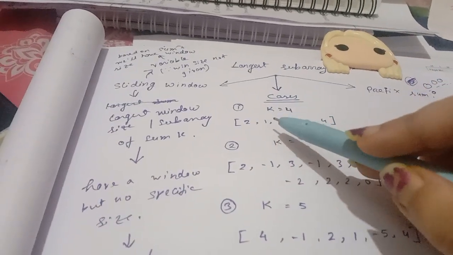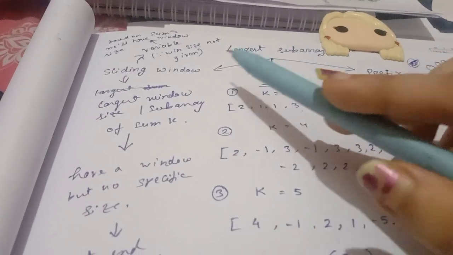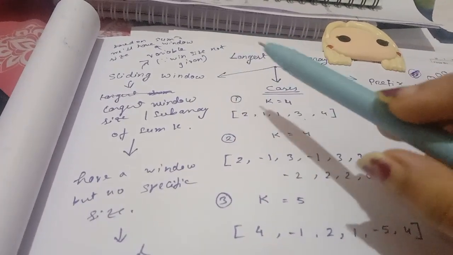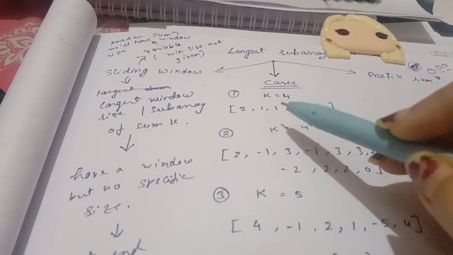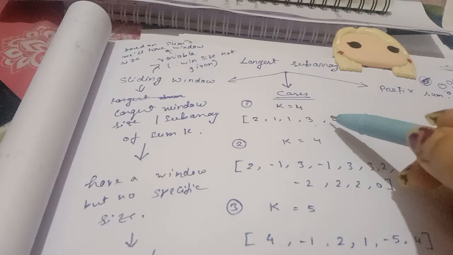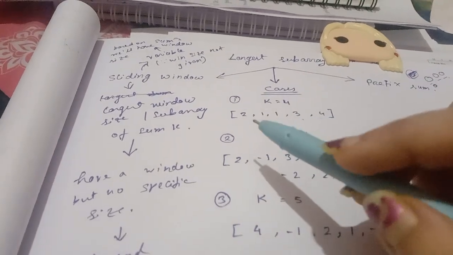Very intuitively, we first need to know which kind of sliding window we are going to use. But the first question can arise: why are you using the sliding window? Because here we can use prefix sum also, but why not? I will explain that as well.